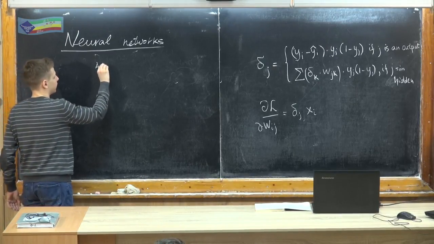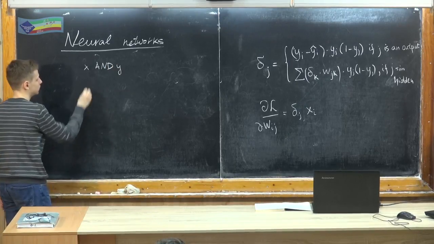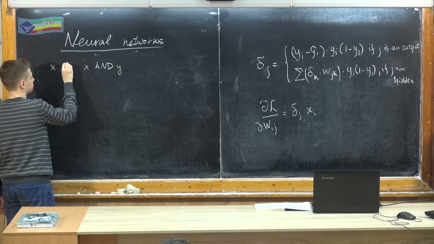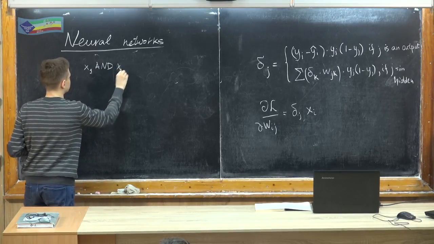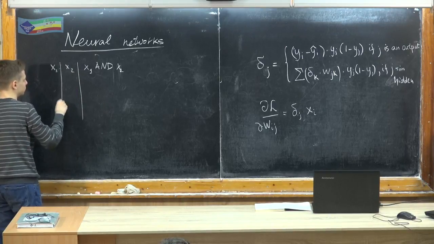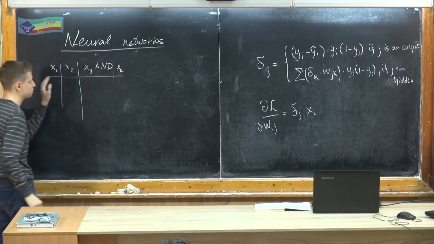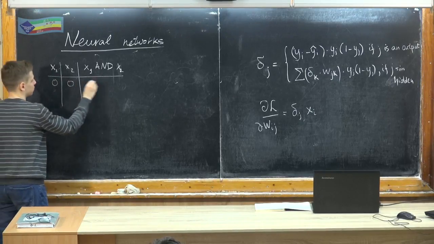If we have the AND operator with x and y, denoted as x1, x2, the logic table for the logic operator AND looks like: 0, 0 gives 0.